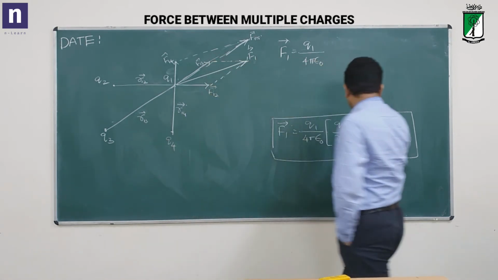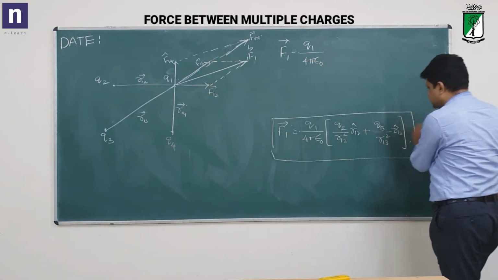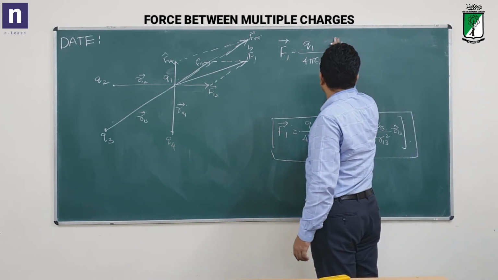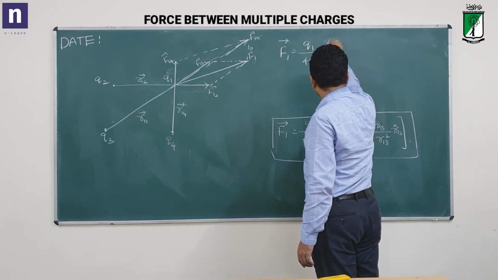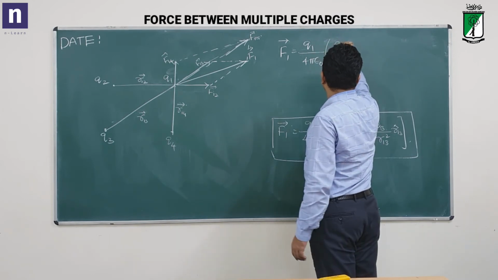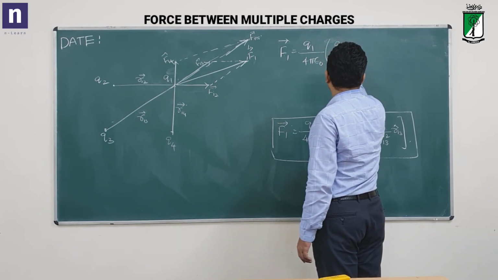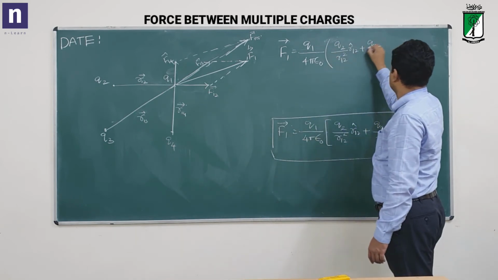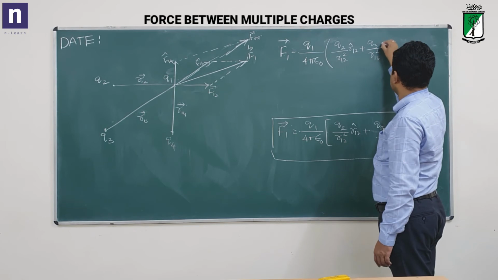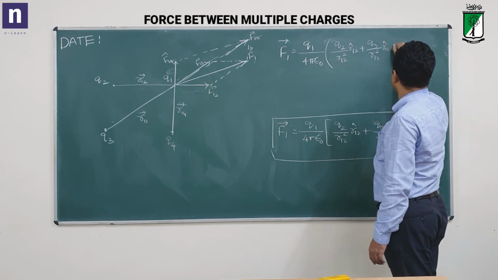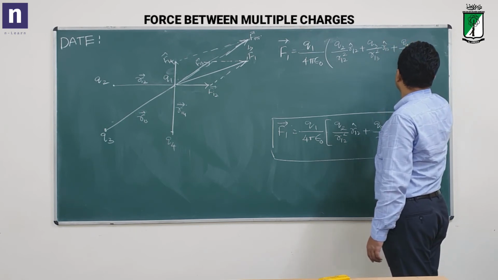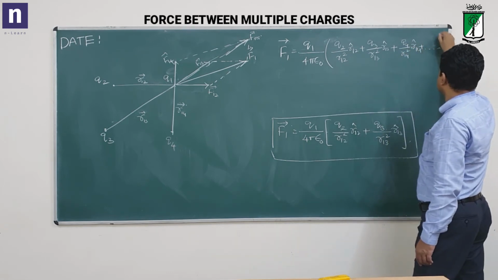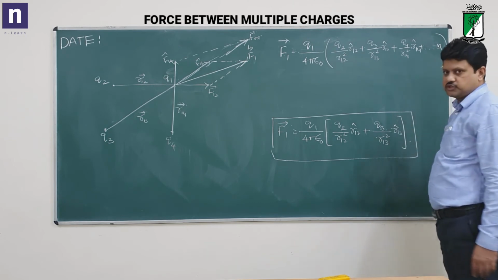Then this is a summation, this part is repeating itself, only the numbers are changing here, so I'll just put it as a summation now. Or let me write one more step. First Q2 by R12 square, R12 cap, plus Q3 by R13 square, R13 cap, plus Q4 by R14 square, R14 cap, plus etc. up to n times.